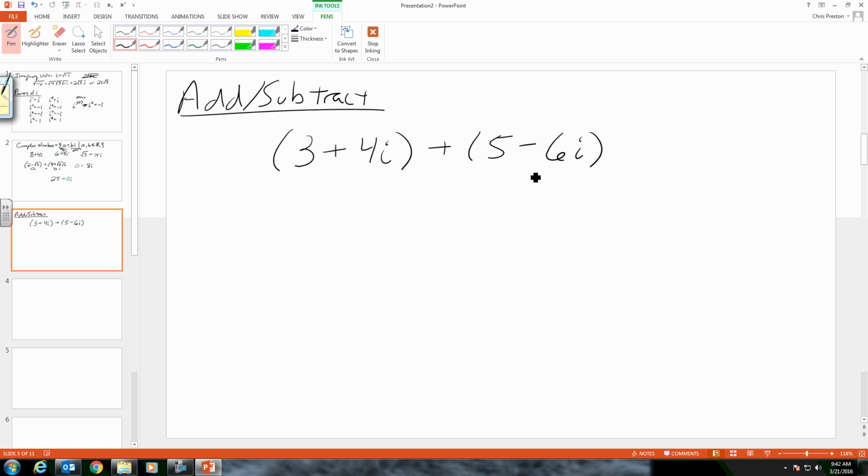Notice these parentheses are just saying this is a complex number, but they're not doing anything mathematically, they're not multiplying or anything because it's adding in between here. So what I'm going to do is rearrange: 3 plus 5, 4i minus 6i, and then just combine like terms: 8, 4 minus 6 is minus 2i, and again, that's just plus negative 2i. I don't write it that way, but we all know that just means the 2 is negative.